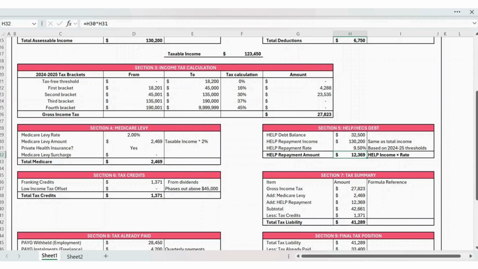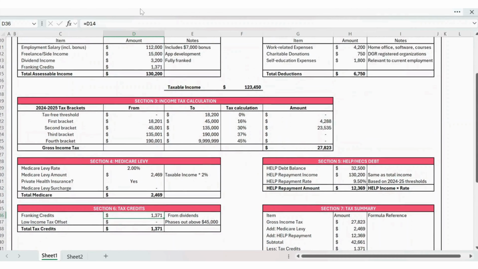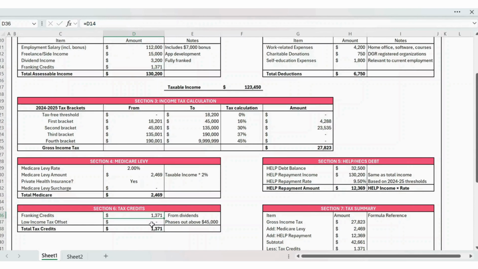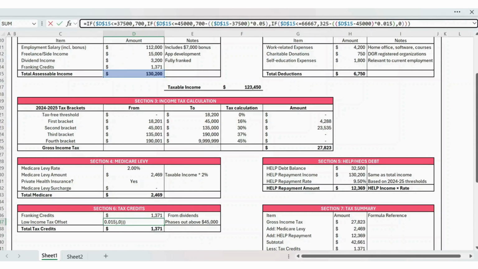Part 7, Section 6, Tax Credits and Offsets. Now we get some money back. Tax credits reduce your final tax bill dollar for dollar. 1. Franking credits. That $1,371 from the dividends we calculated earlier. 2. Low and middle income tax offset, LMITO. This is a tricky nested IF statement.